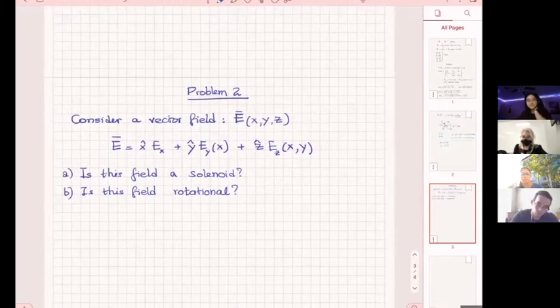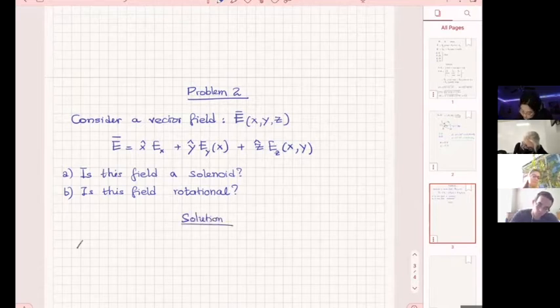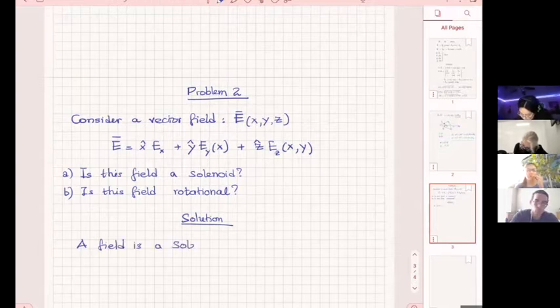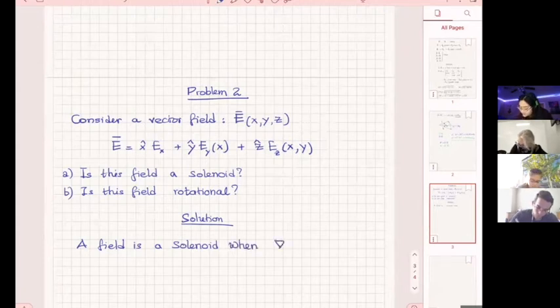Solenoid, how do we define a solenoid? A field is a solenoid when the divergence of this field is what?